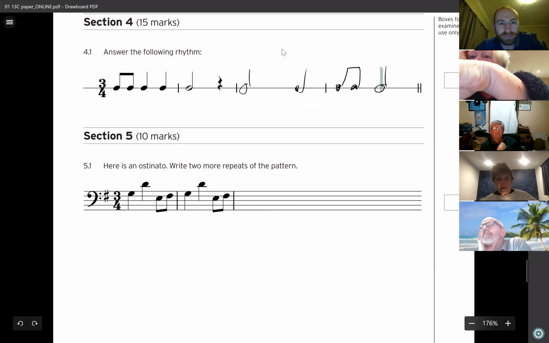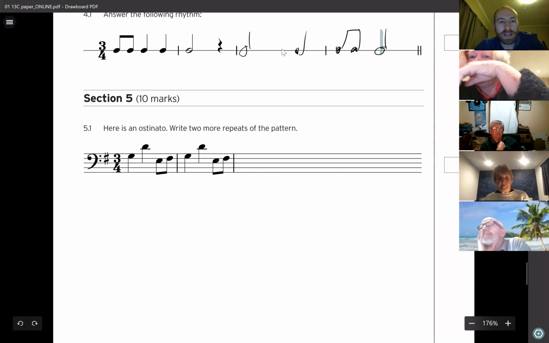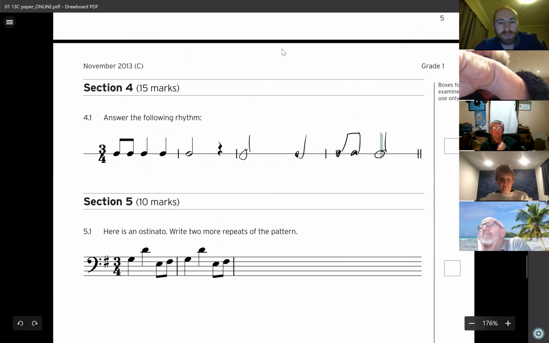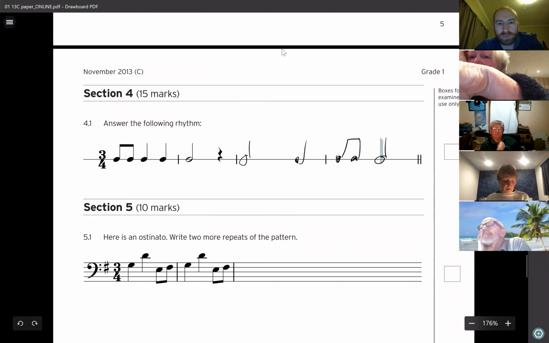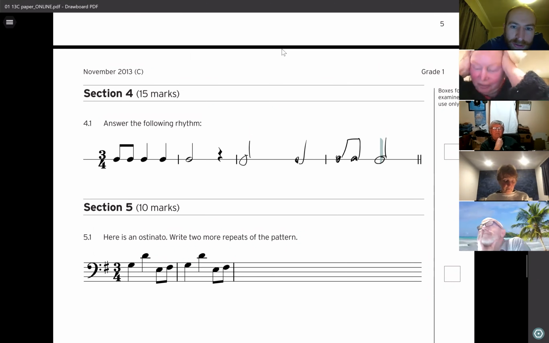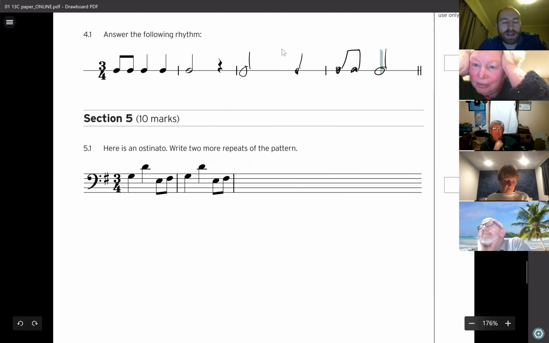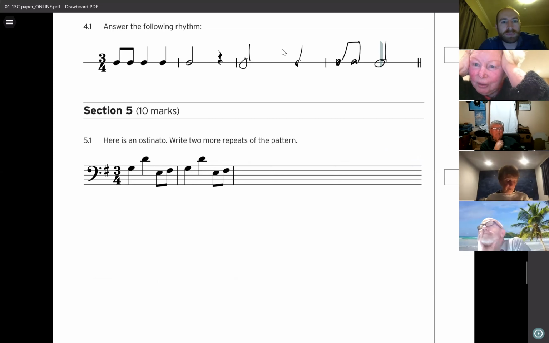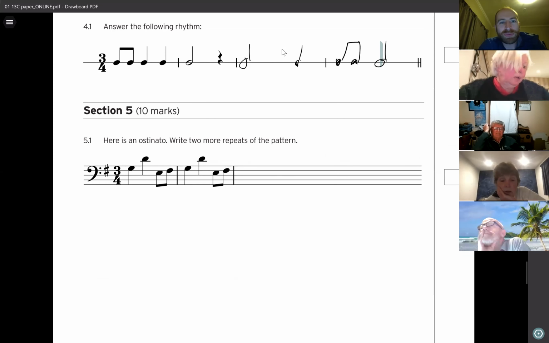Alto, ostinato. Okay. So the second to last bar, is that second thing a crotchet? Yes, it's a badly written crotchet. Thank you, just checking. Okay, an ostinato is just a pattern. Oh, that's a new word. Write 2 more repeats of this pattern.